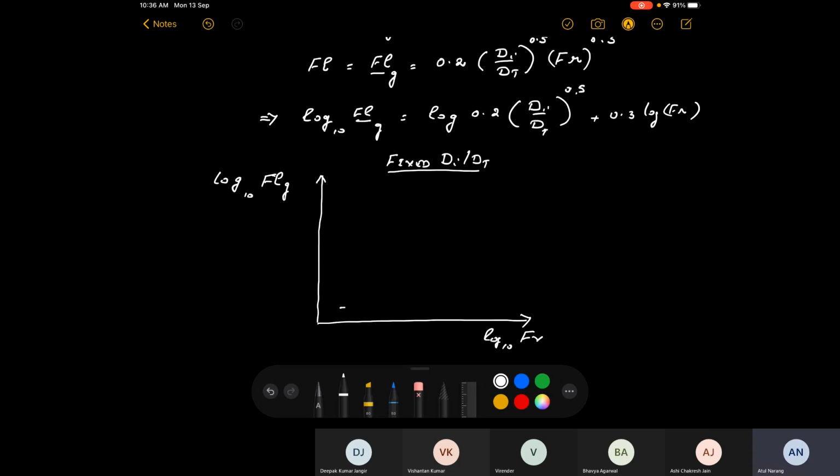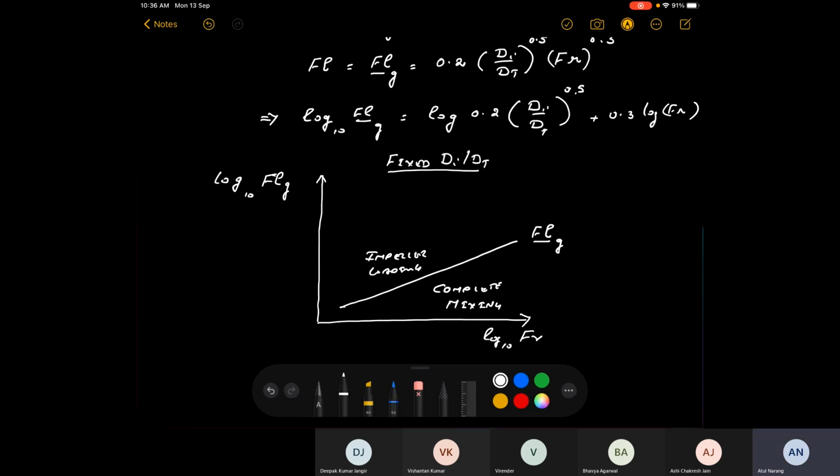This is the line FL_G, and what they are telling you is that this line defines the boundary between complete mixing over here and over here you have impeller loading.